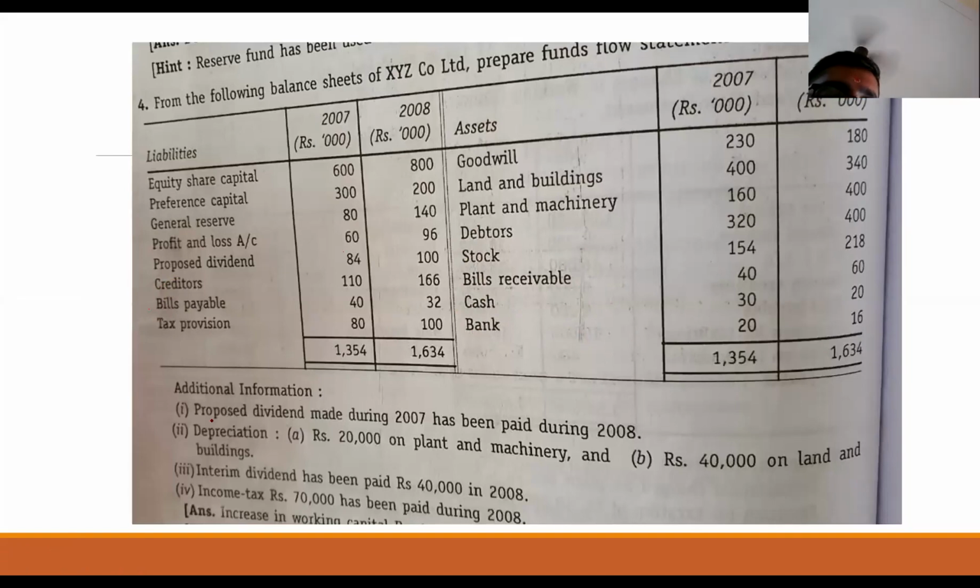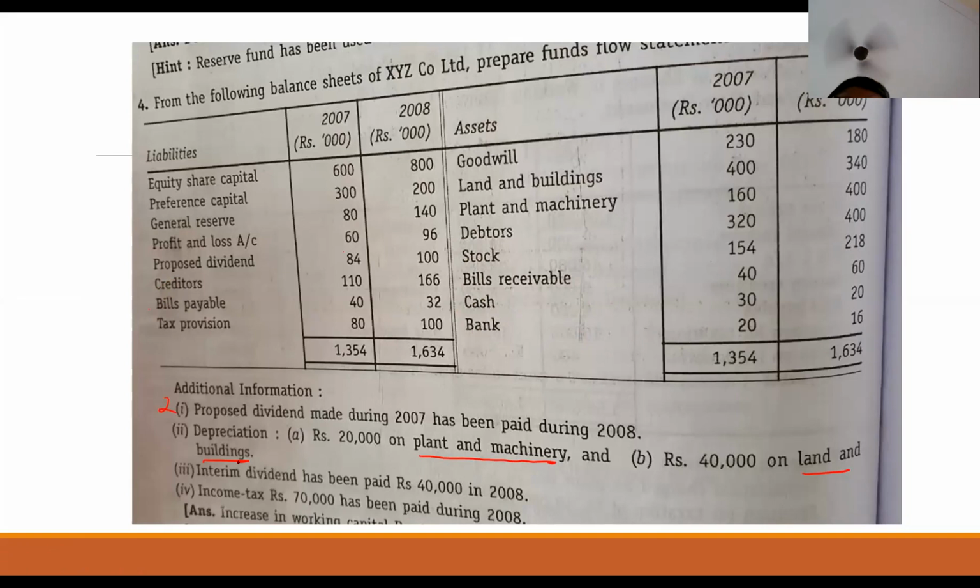So first one, proposed dividend. Should we prepare an account? No. What about depreciation, which is given? Plant and machinery and land and building. So 2 accounts over here we have to create.